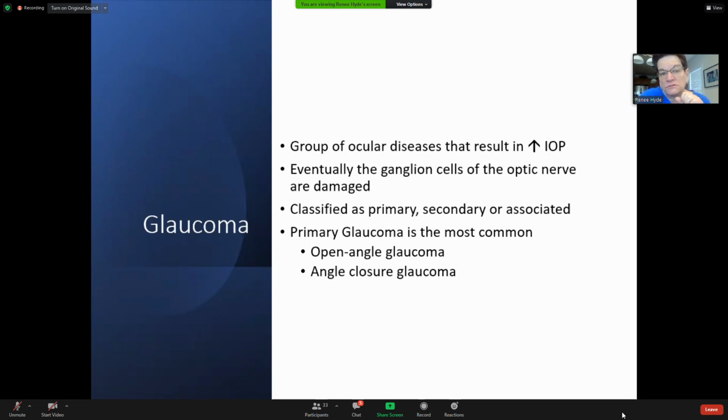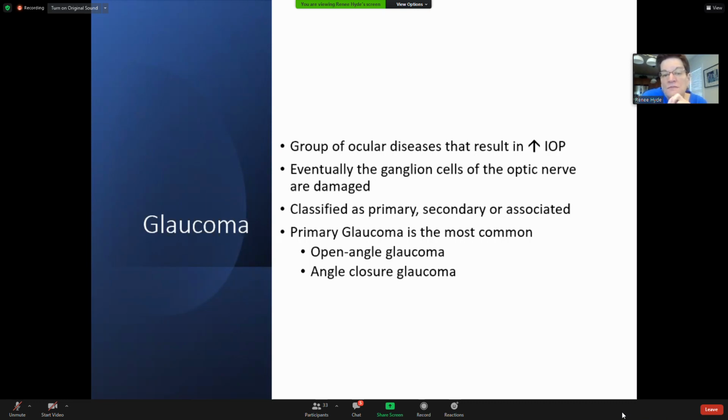Now, glaucoma is a group of ocular diseases that increase intraocular pressure. And what happens is that as that pressure increases, the ganglion cells of the optic nerve are damaged. A lot of times it can be classified as primary or secondary or associated, okay? Primary glaucoma is the most common.